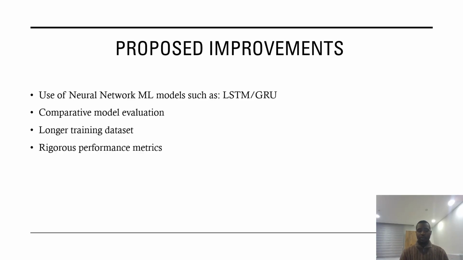Then we also need to improve on the amount of data that we train the system on, because a longer training data set will enable us capture more events to have more information about the weather system. Then there should also be a rigorous performance metrics evaluation of the result.